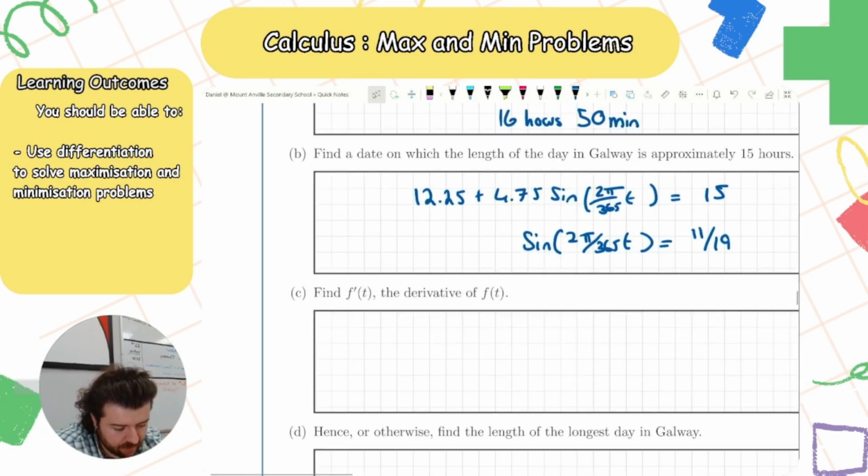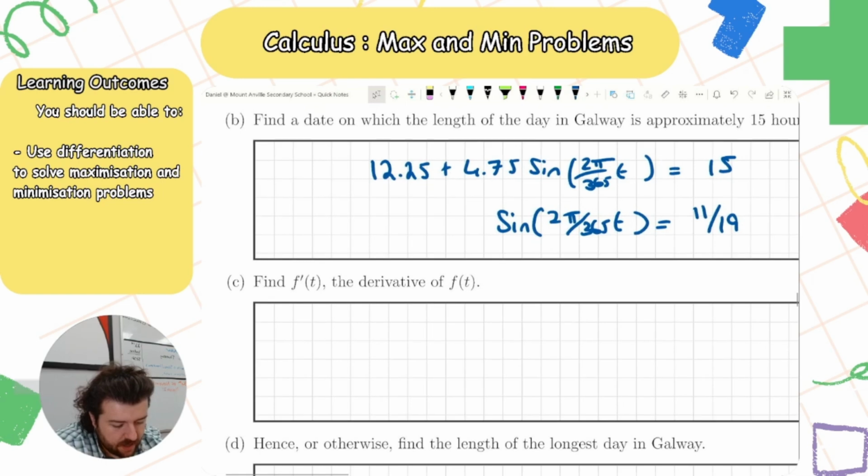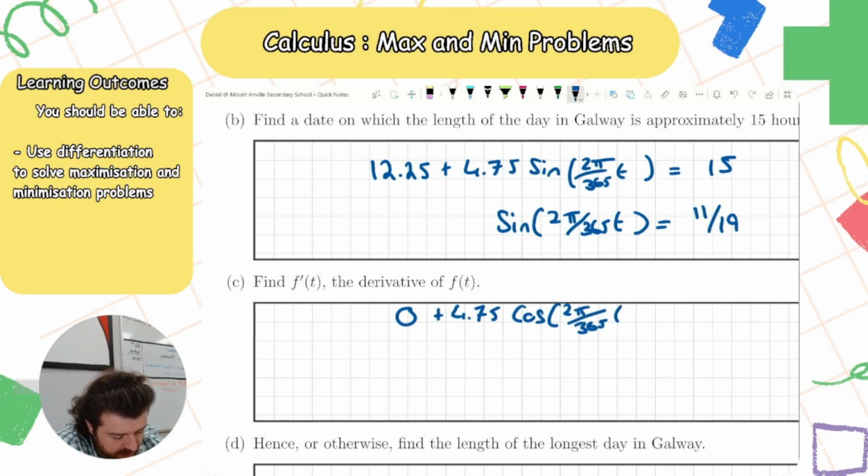Find f'(t), the derivative of f. So this 12.25 goes to 0, and then this sine goes to cosine. So it's plus 4.75 cosine 2 pi over 365 t multiplied by the derivative of my bracket, 2 pi over 365.